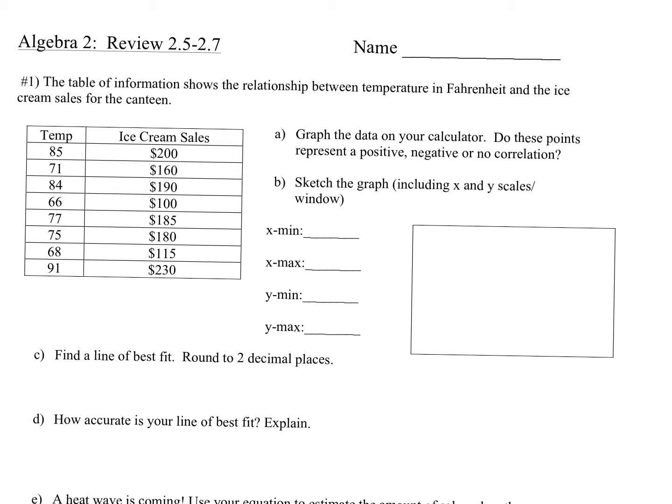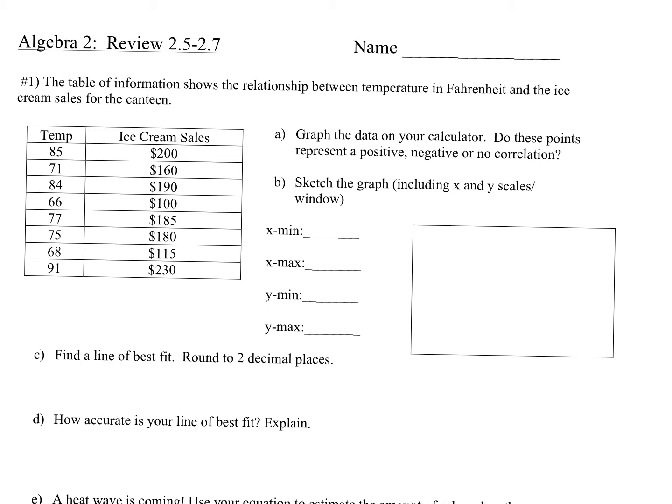Okay, so if you look at your temperatures there, start entering those. You have 85, enter, 71, enter, 84, enter, 66, enter, 77, enter, 75, enter, 68, enter, and 91, enter, okay?